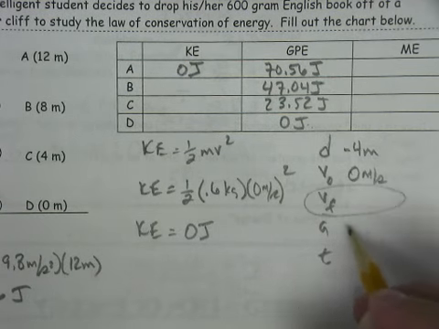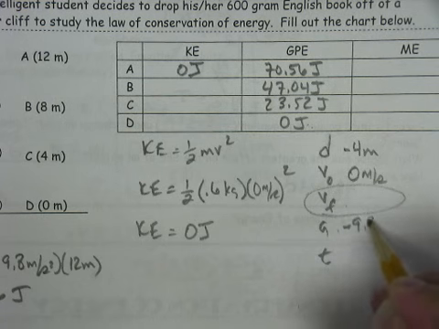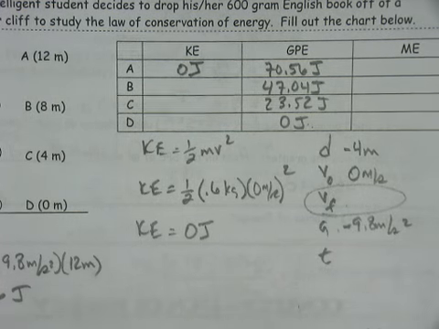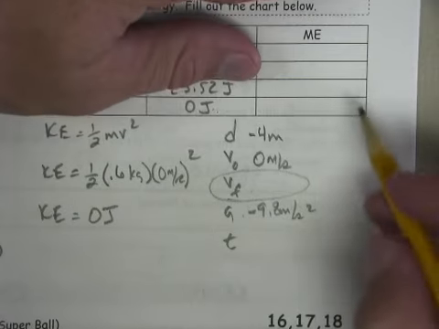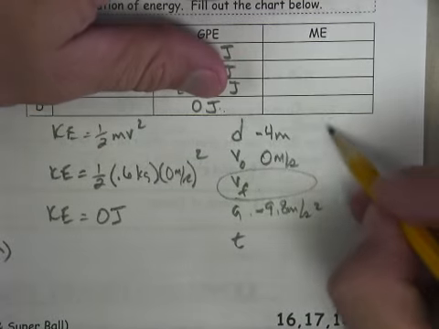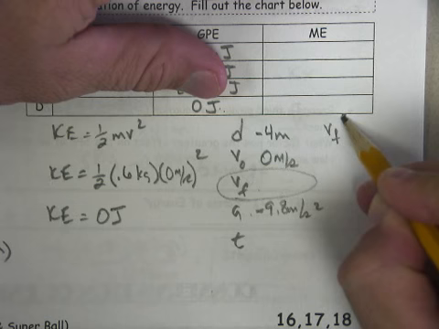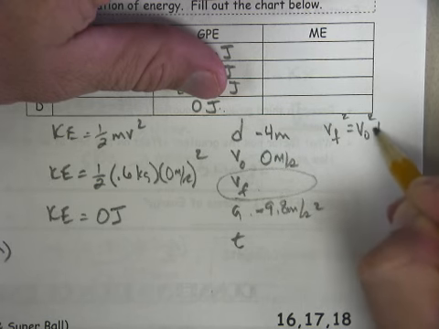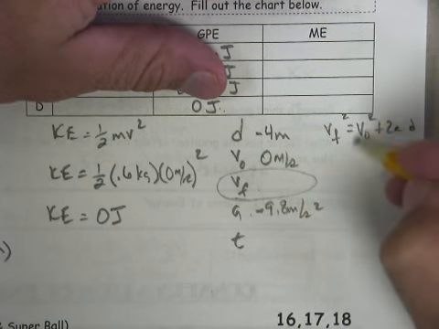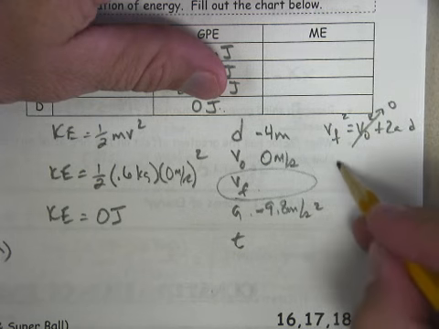We're looking for this one. A is going to be negative 9.8 meters per second squared. And then time we obviously don't know. So we have to use a big 3. And the big 3 that we're going to use, I'm trying to find room here. So we're going to do VF squared equals VO squared plus 2AD. There's the 0.